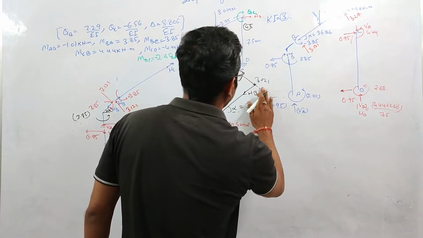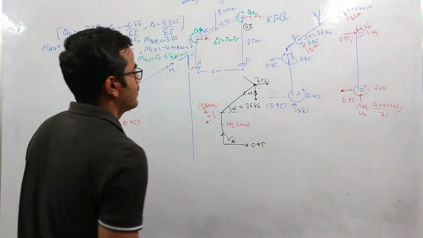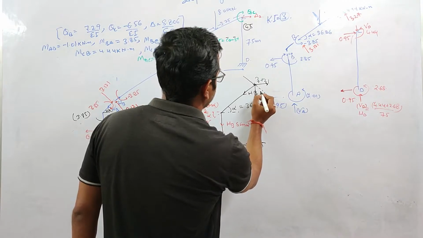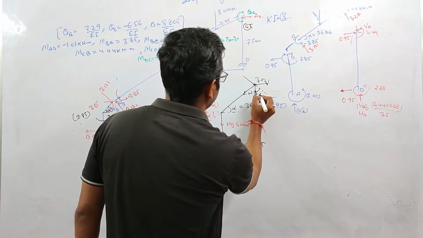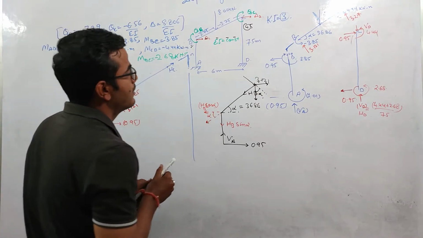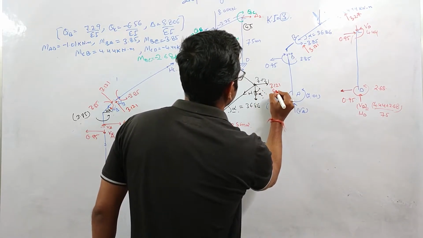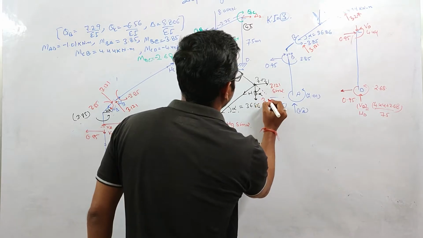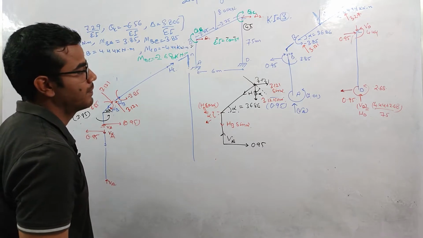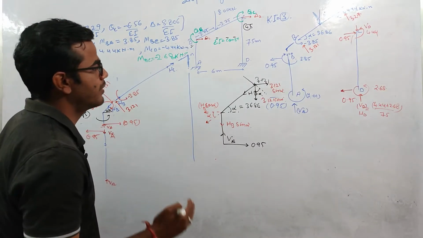This is alpha. So this component in horizontal direction will be 3.121 sine alpha, and in vertical direction it will be 3.121 cos alpha. This is alpha, so this is alpha, which you can know through trigonometry.